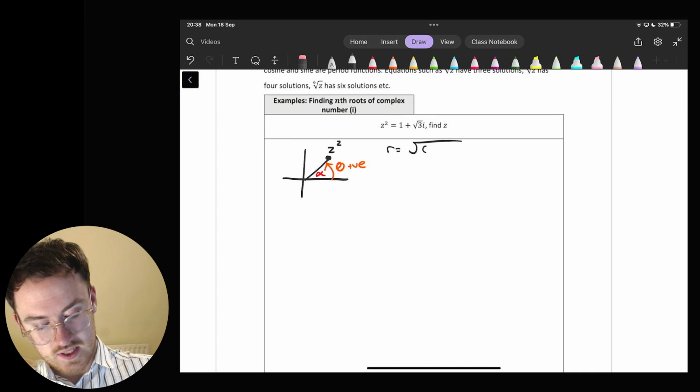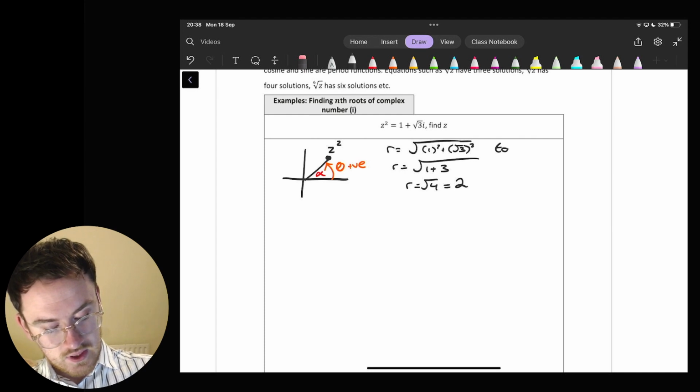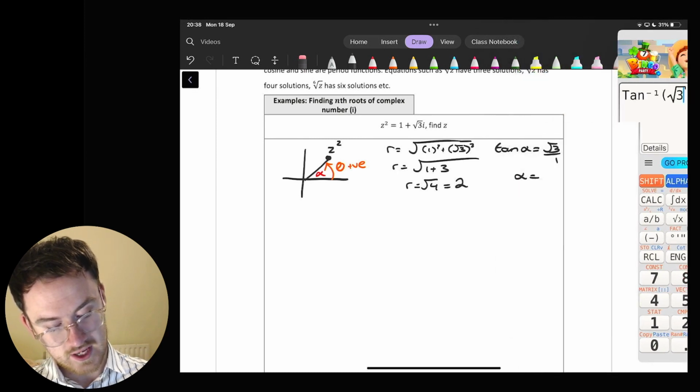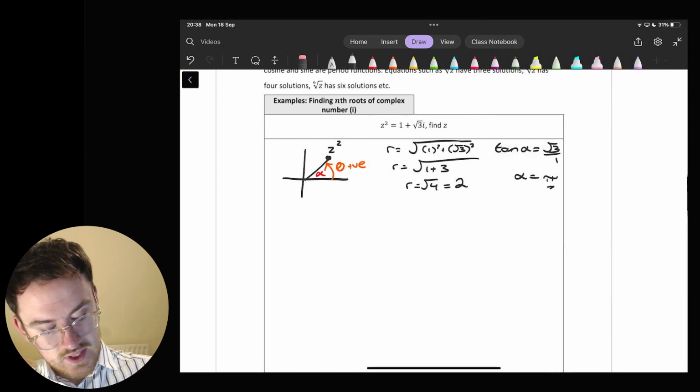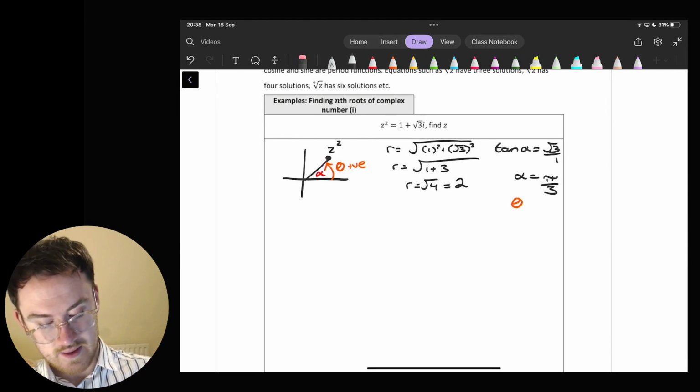My modulus is root of 1 squared plus root 3 squared, which is 1 plus 3, which is root 4, which is 2. Getting my angle then, that's going to be tan inverse of root 3 over 1. Again, we keep seeing this tan of root 3, but it's because it gives us a nice clean number of pi over 3. And for this question, because of where the angle is, theta is just equal to alpha. So theta is pi over 3.